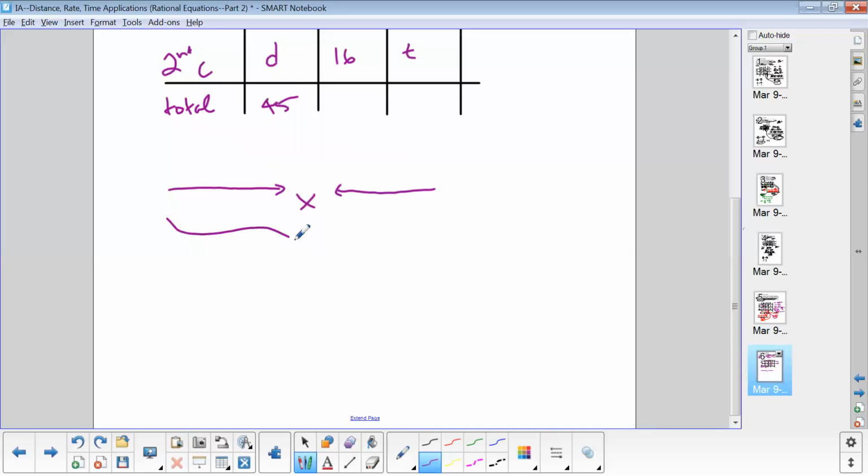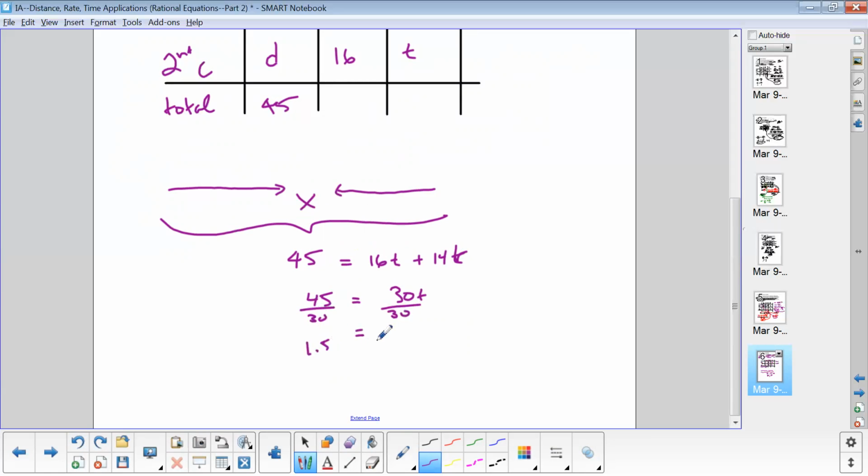Well, that entire distance of this race is 45 miles. So if we add the rate and time of one cyclist and the rate and time of another cyclist, we're going to get 30t is equal to 45. And if we divide by 30, we're going to get 1.5 as the time.